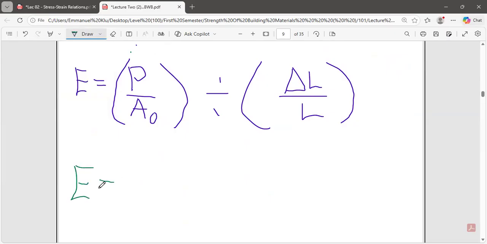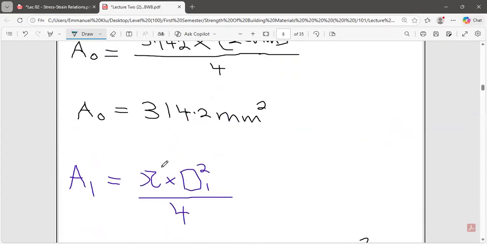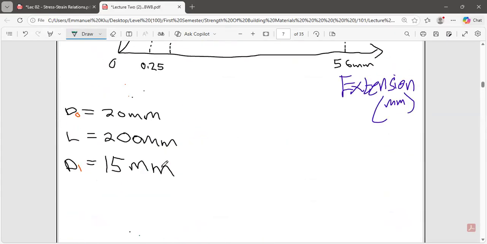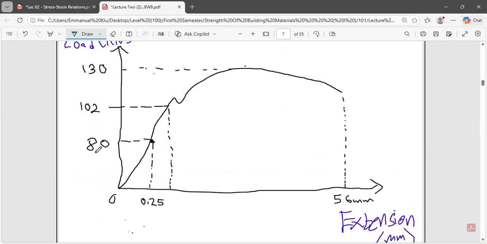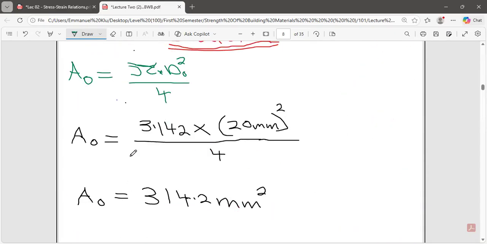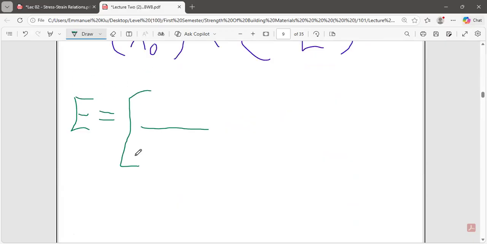Let's quickly substitute our figures into the question and see the answer we can get from this. So the load, we said that we want to adopt the 80. Can you see the 80 over here? This is the 80 we are going to be using. Let's quickly punch it inside.